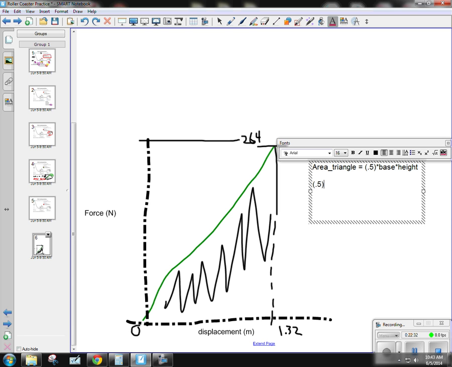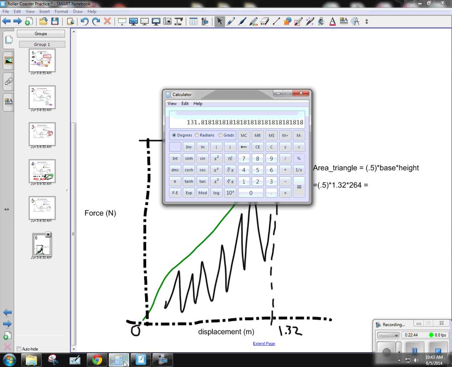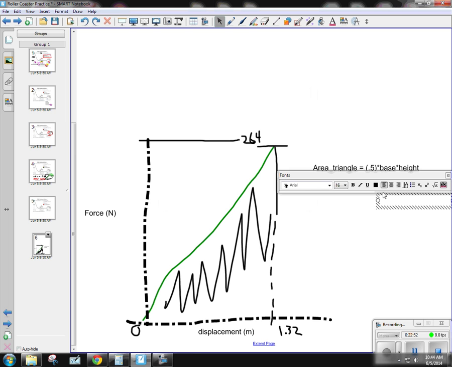So 0.5 times 1.32 meters is the base. 264 newtons is that height. Handy dandy calculator once again. 0.5, 1.32, 264, 174 newton meters or joules.